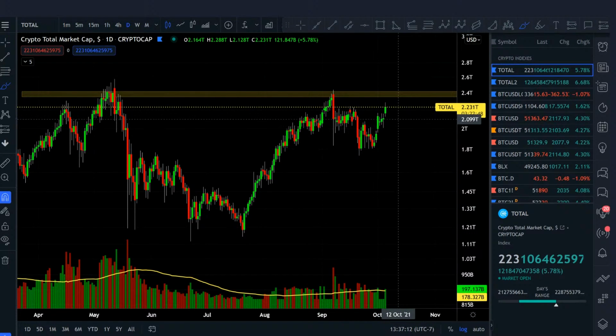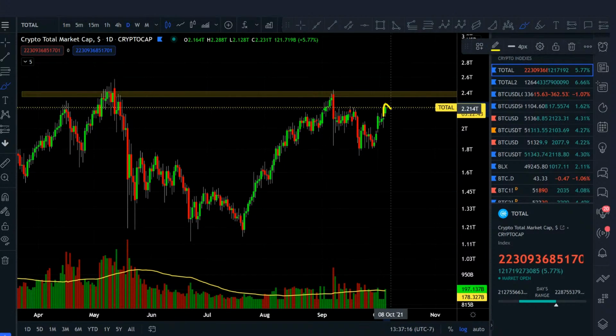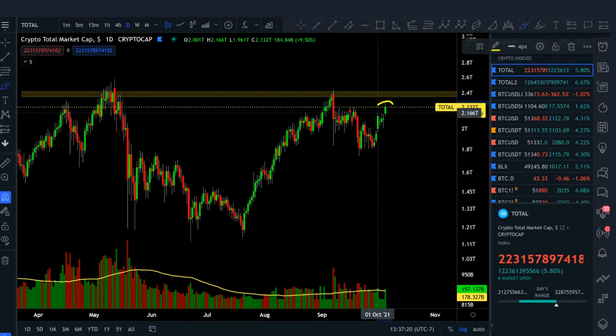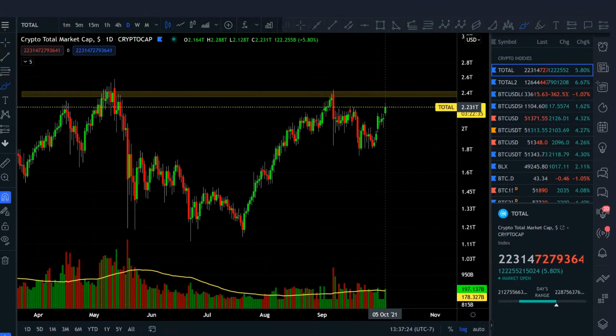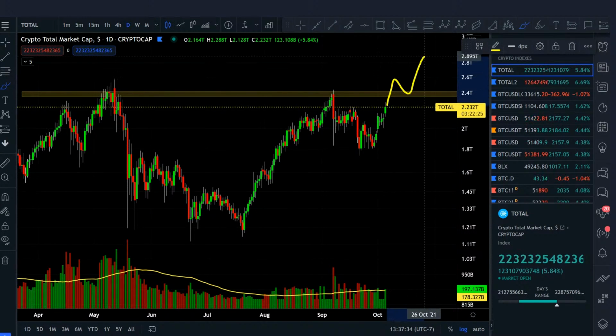The other is that we could get bullish continuation, and we'll dig deeper into the price to explain why this happened in the past 24 hours, but just keeping that big picture. The target is 2.37 to 2.4 trillion dollars, this yellow bar here. The question is, are we going to break through it in the next couple weeks, next month, 1 to 3 months, or not?